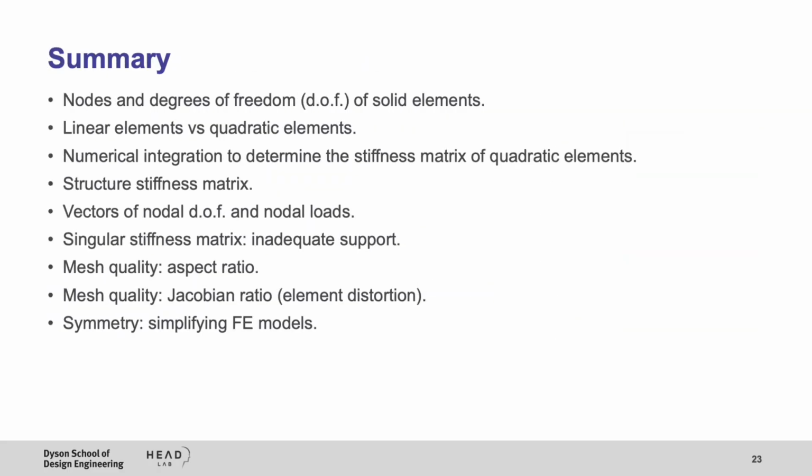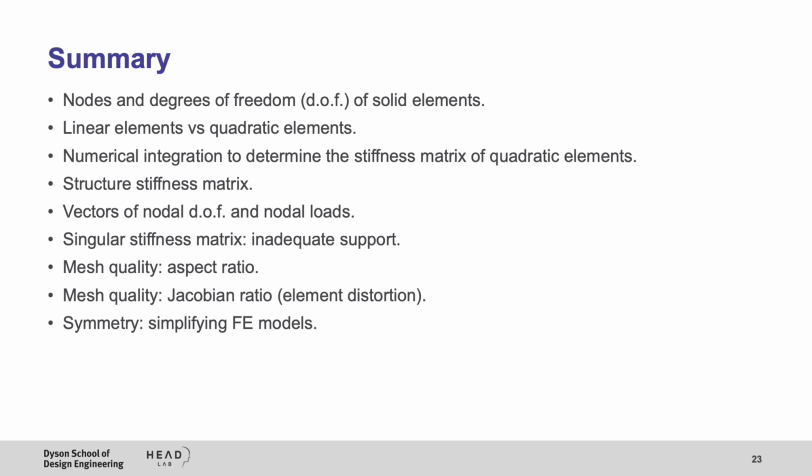Okay, we covered a lot in this lecture. In summary, we learned about nodes and degrees of freedom of solid elements, which are translations in x, y, and z directions. Linear elements and quadratic elements were introduced. We learned about numerical integration to determine the stiffness matrix of quadratic elements.